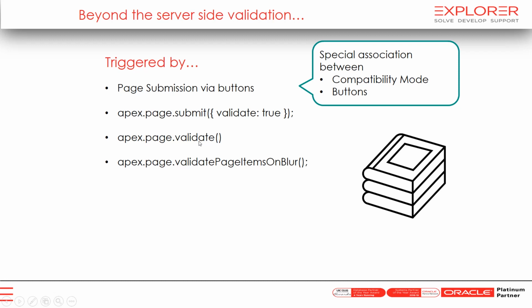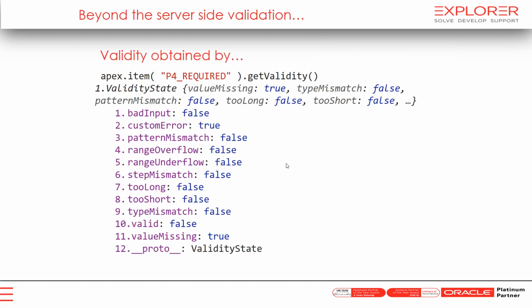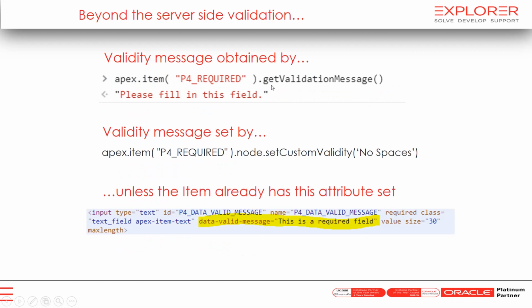You've also got Apex page validate, also works with grids on the page, and Apex page validate acts as blur if using a form, although a grid is not required. You've got validity obtained by get validity, gives you a bunch of statistics here. You can also get the validation message, you can set the validation message, but however, if the data valid message has already been set as an attribute, you cannot override that.